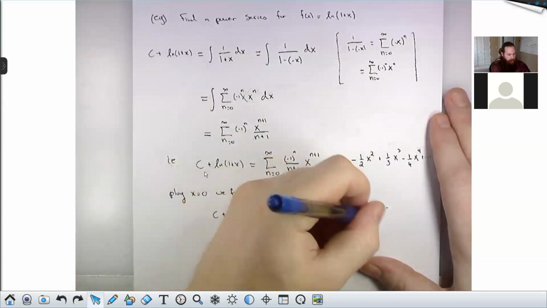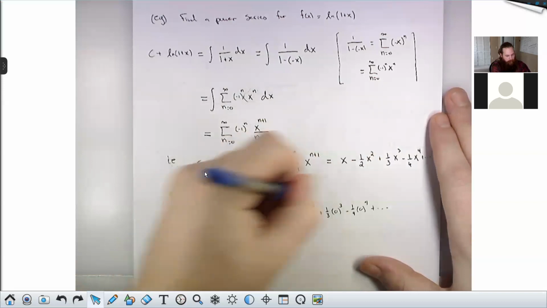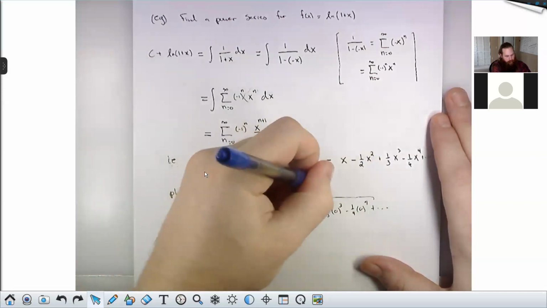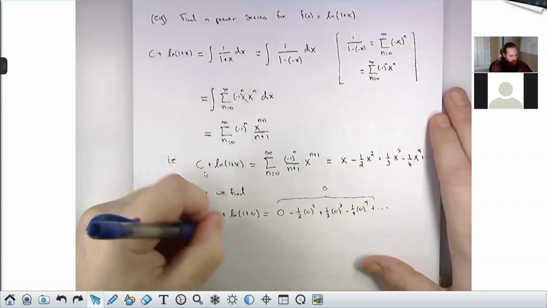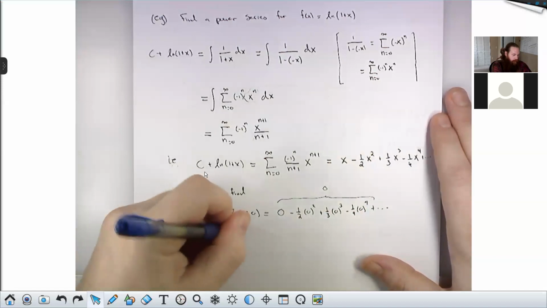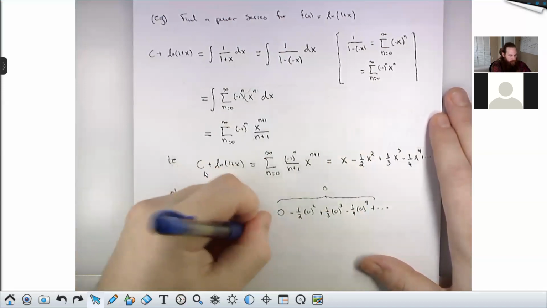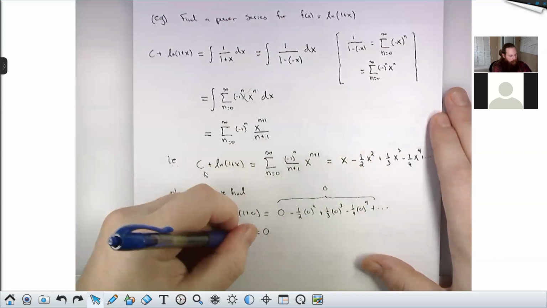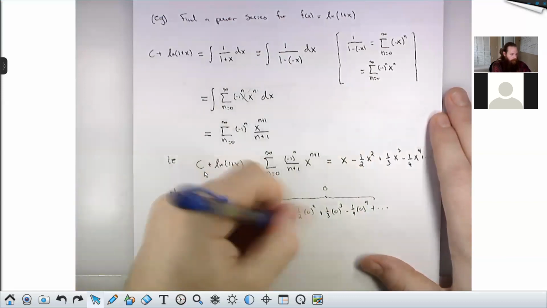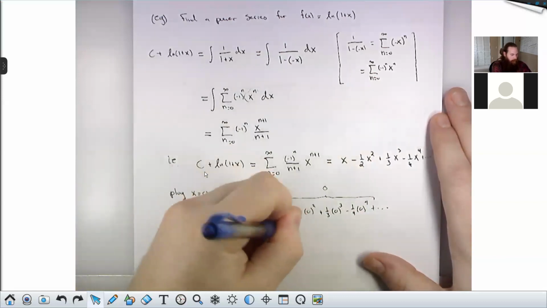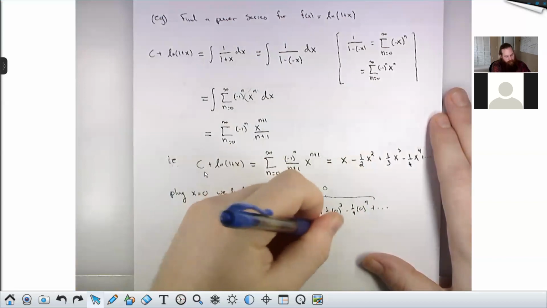All of this is 0. So we get c plus the natural log of 1 is equal to 0. But the natural log of 1 is also 0. So c is equal to 0.